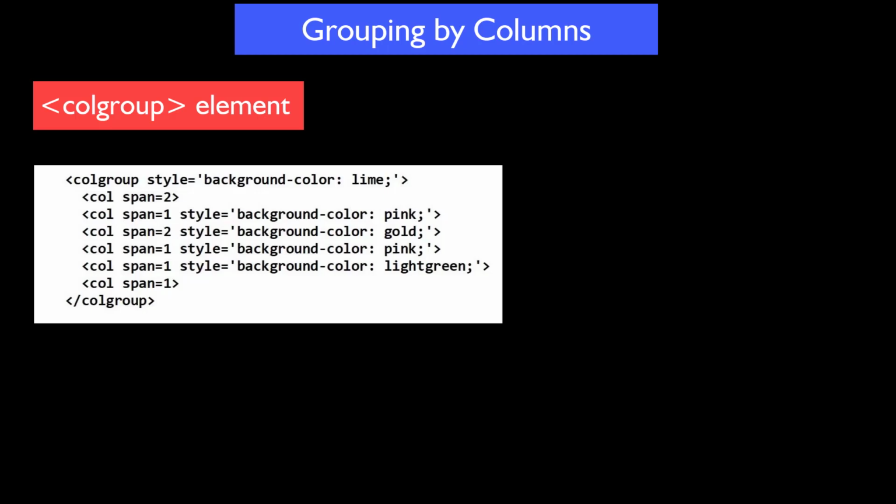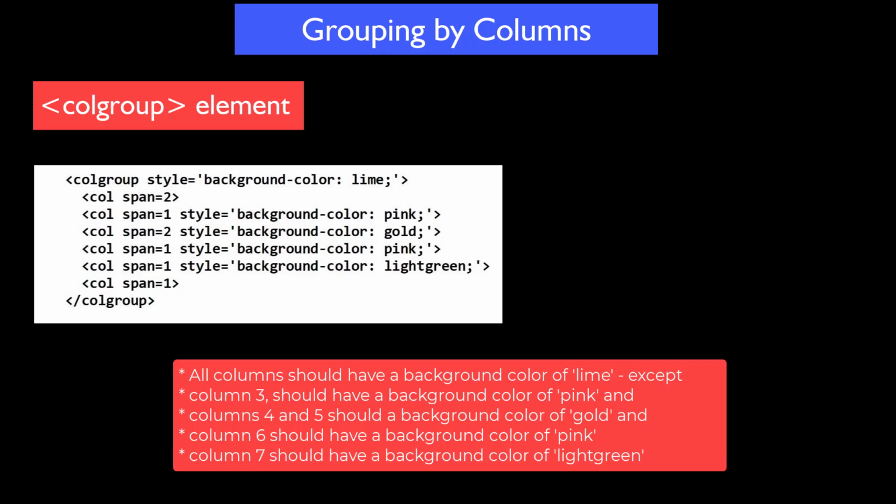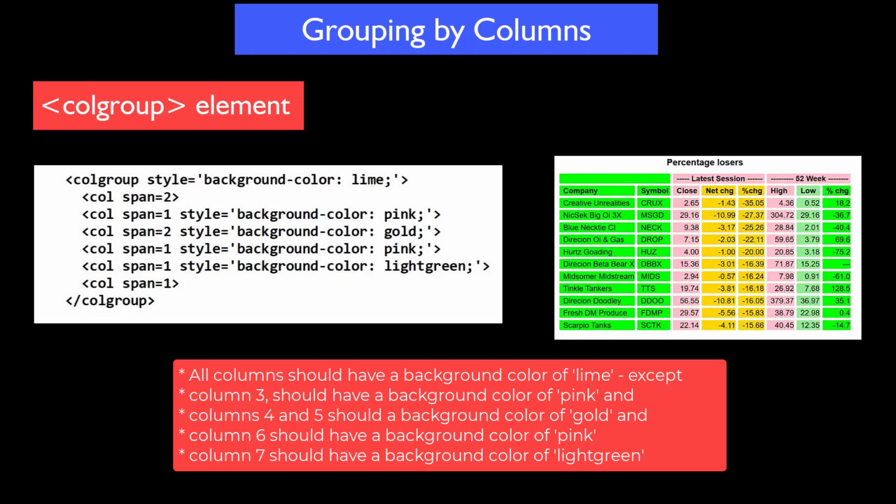And you see what this says is all columns should have a background color of lime, except column 3 should have a background color of pink. And columns 4 and 5 should have a background color of gold. And column 6 should have a background color of pink. And column 7 should have a background color of light green. The result looks like this.